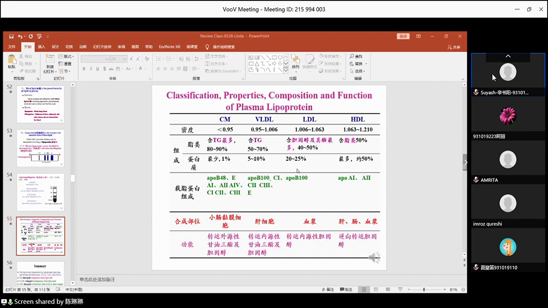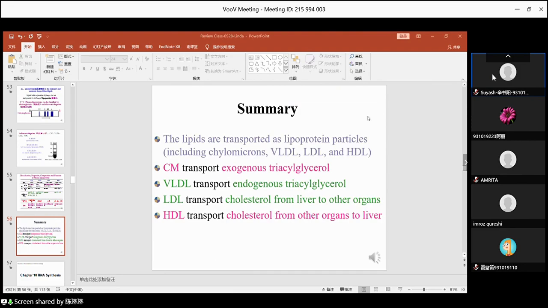You should remember the different products transported by different lipoproteins. CM transports exogenous triacylglycerol, VLDL transports endogenous triacylglycerol, and LDL transports cholesterol from the liver to other organs. HDL transports cholesterol from other organs to the liver. Please remember this summary very clearly.